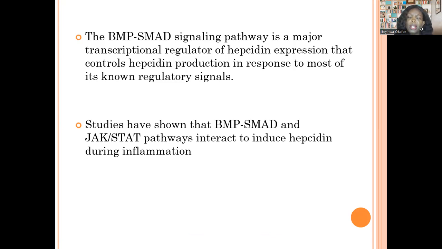Studies have shown that the BMP/SMAD signaling pathway and the JAK/STAT signaling pathway interact to induce hepcidin during inflammation.